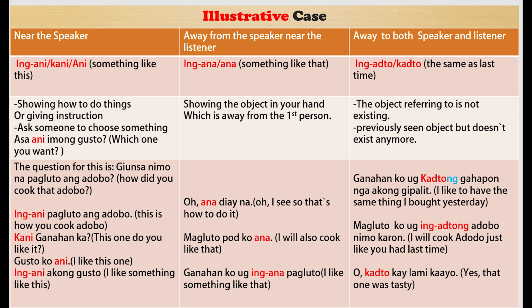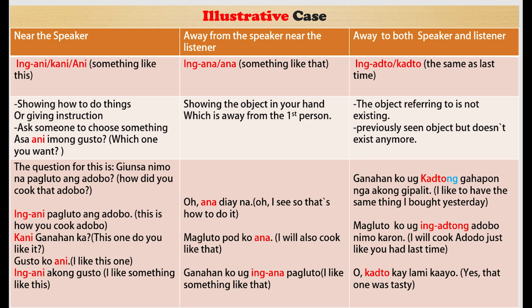So because she is asking how did she cook the adobo, she said ing ani pagluto ang adobo. This is how you cook adobo. So that's how it works. Ing ani. So this one is asking about something, asking someone to choose. Kani ganahan ka?